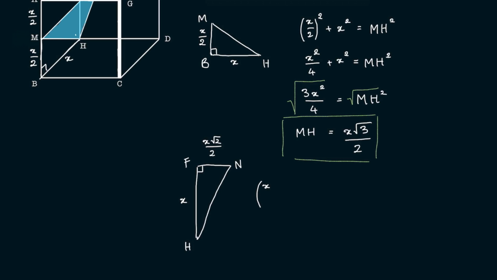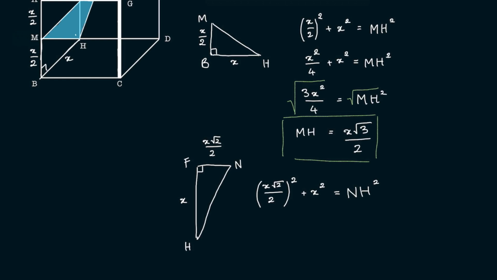So we'll say that (X root 2 over 2) squared plus X squared is equal to NH squared.